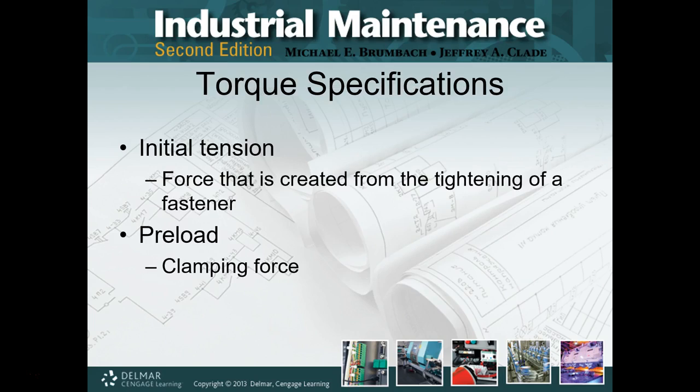So, torque specifications. What we're trying to do is get a particular force within our fastener. And we've got a couple. We've got initial tension, which is still a force, but this force is created from the tightening of the fastener.